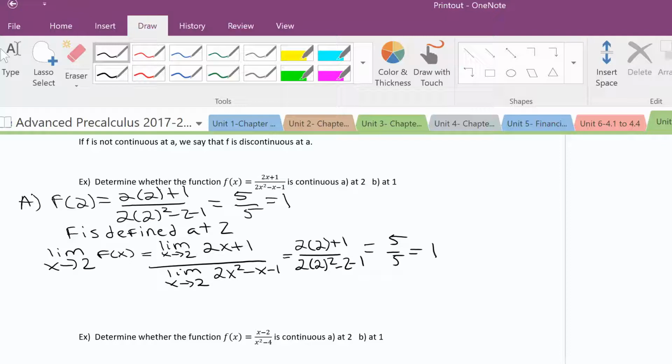So the limit as x approaches 2 of the function is equal to 1, so the limit exists.